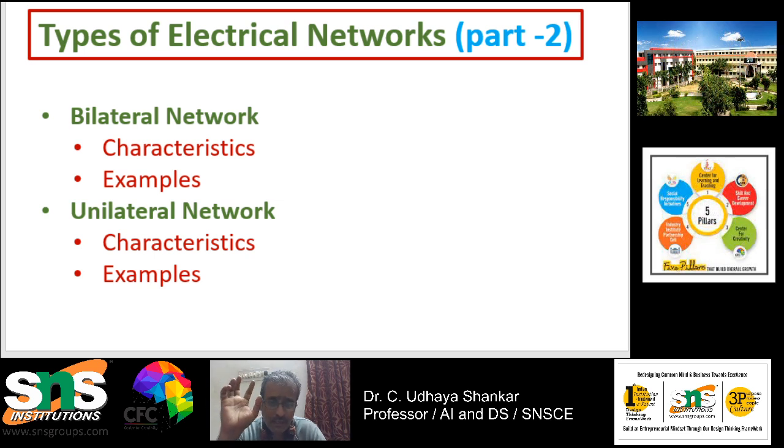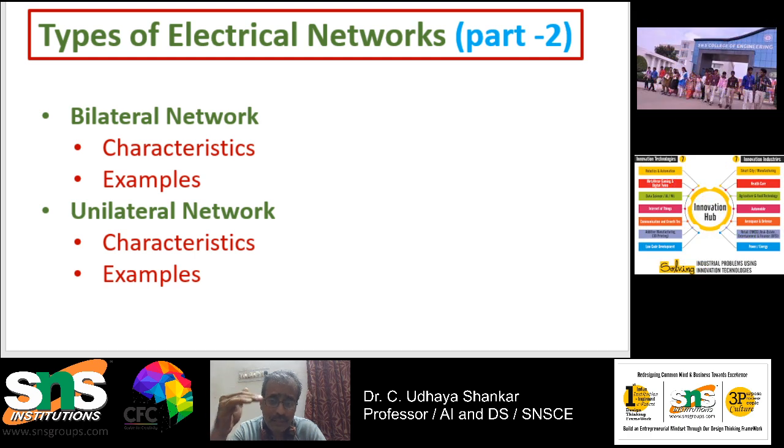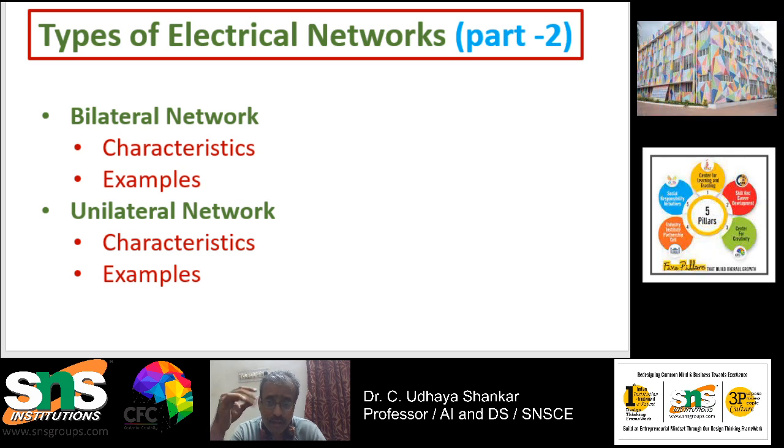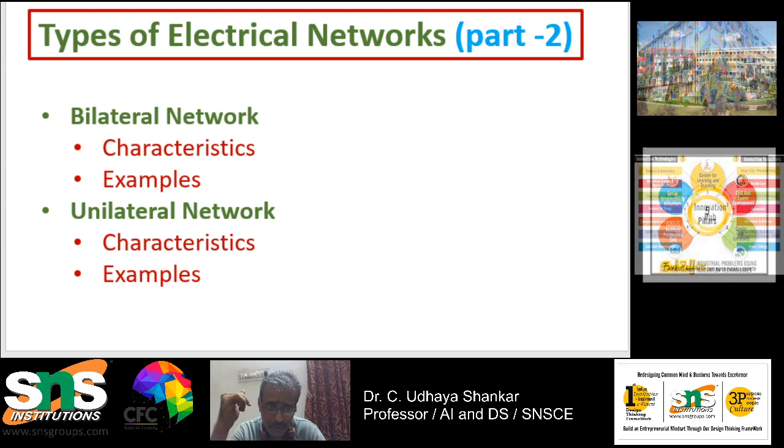In this particular circuit, the behavior or the result will change. If I am passing the current from left to right, it will behave in one way. If I am passing the current from right to left, it will behave in the other way. So those networks in which the results are dependent on the direction of current are called unilateral networks.